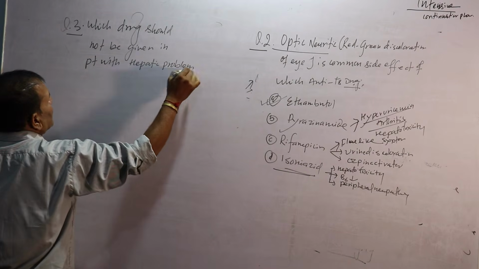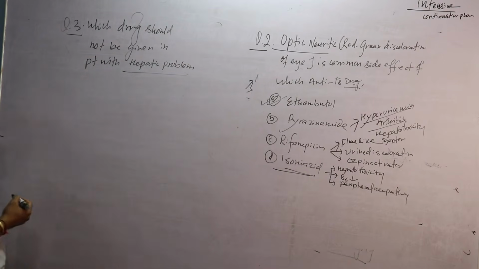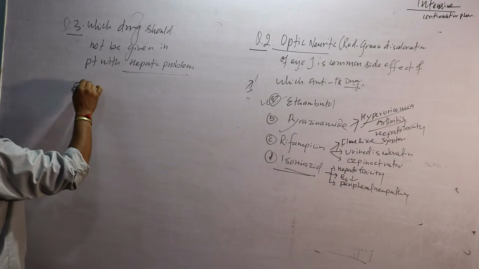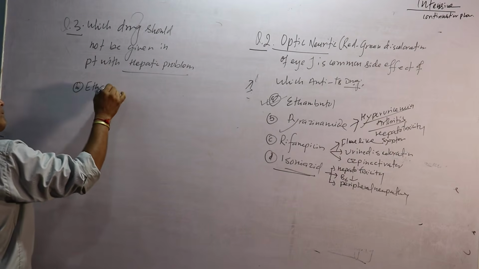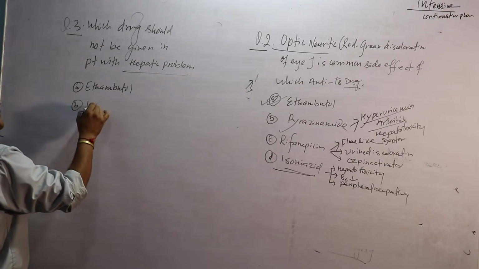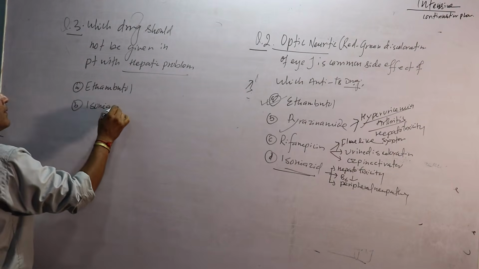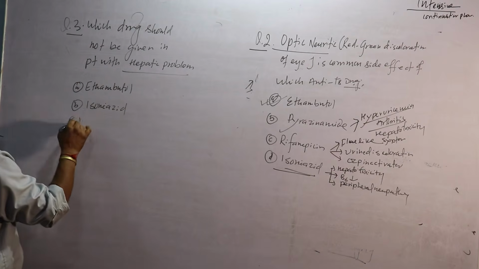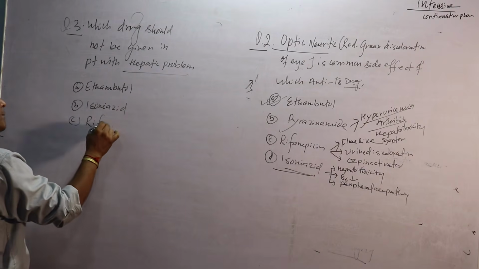Which drug cannot be given in hepatic problem? The drug which has the highest hepatotoxicity. Option A, ethambutol. B, isoniazid. C, rifampicin.